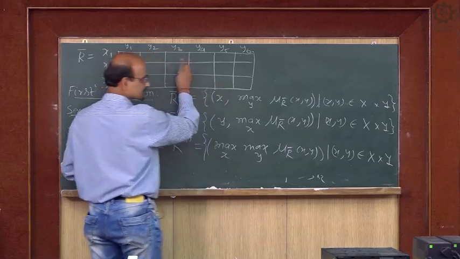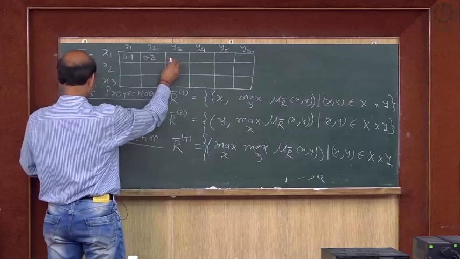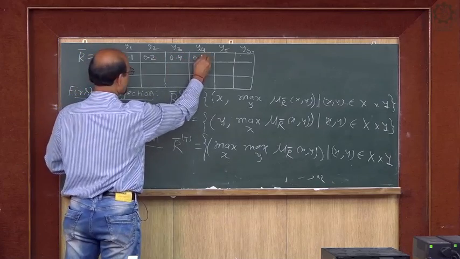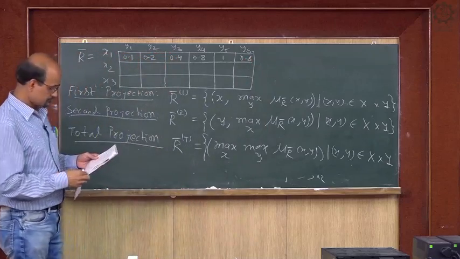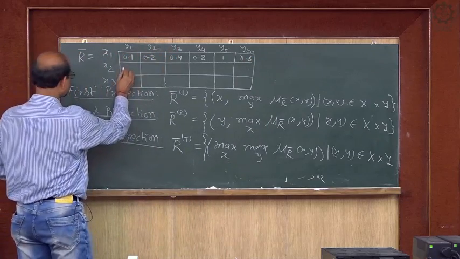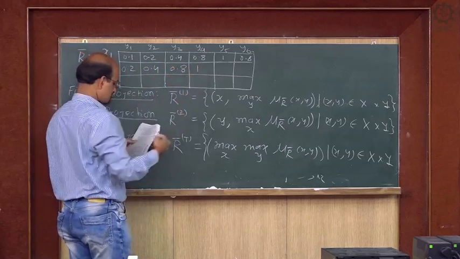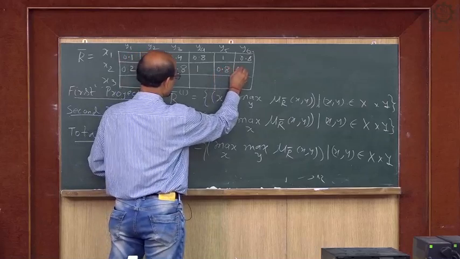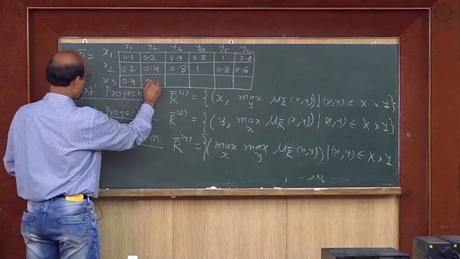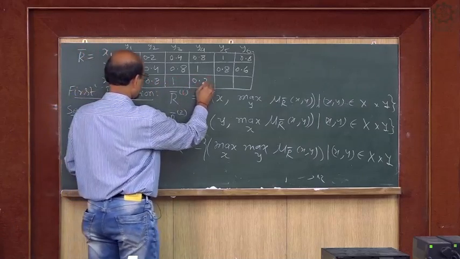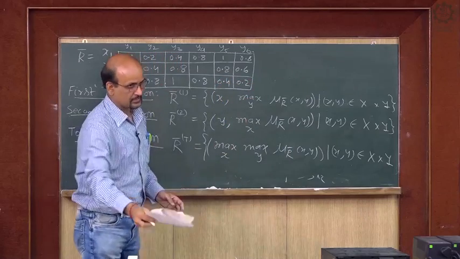These are all membership functions. They are given as 0.1, 0.2, 0.4, 0.8, 1 and 0.8 for x1. For x2 and different y, it is given 0.2, 0.4, 0.8, 1, 0.8, 0.6. For x3 and different y, it is given 0.4, 0.8, 1, 0.8, 0.4, 0.2. So, this is the relation given.